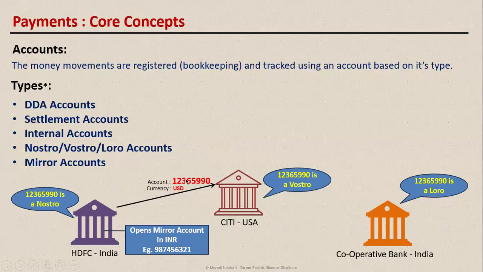So that's how they will actually do it. Whatever transaction is happening here, ultimately you need to understand that they will mirror it. If it is a debit here, then it is a credit there. If it is a credit here, then debit there. So ultimately when they reconcile, the sum of those two entries will become 0.